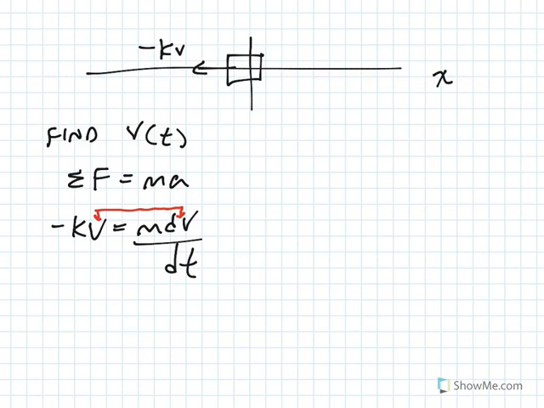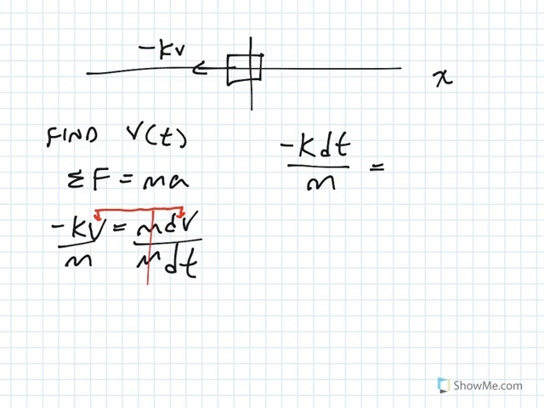And that's going to turn into minus k dt over m. So what did we do here? I divided both sides by m, and that gets rid of the m.